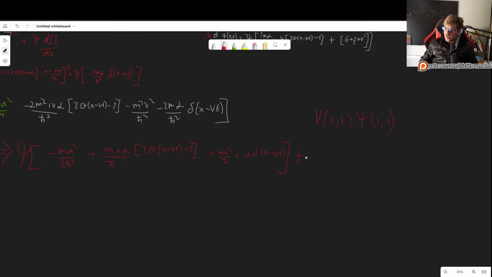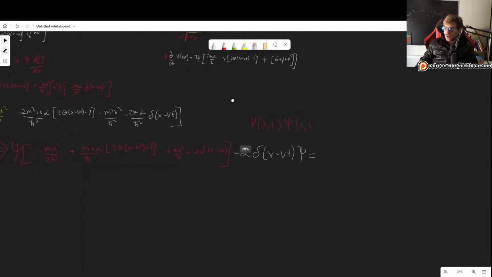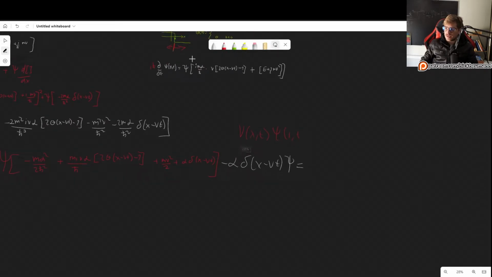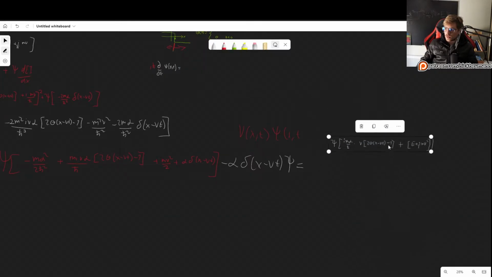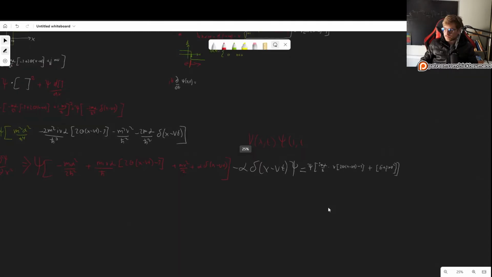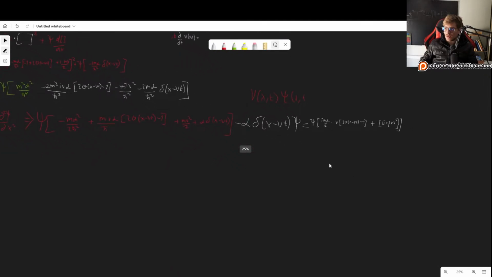But the potential is minus alpha delta of x minus vt, so this is minus alpha delta of x minus vt times the wave function. And this is equal to i h bar d/dt, which we already found. So let's move it there. This is now the Schrodinger equation with everything plugged in.